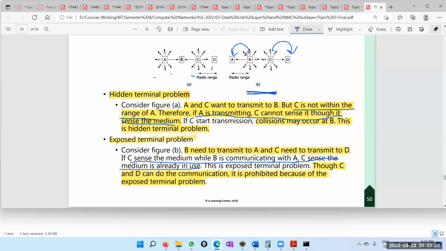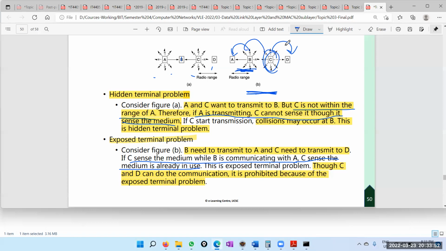So C feels like the medium is already used because B is communicating with A. But that is this side, and what C wants to send is to that side, which is actually vacant. It's not used. But you are exposed to other communications that are not relevant to you if you are only communicating with D. So that is called the exposed terminal problem.